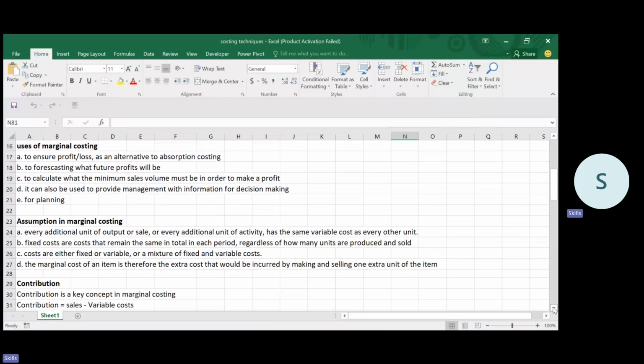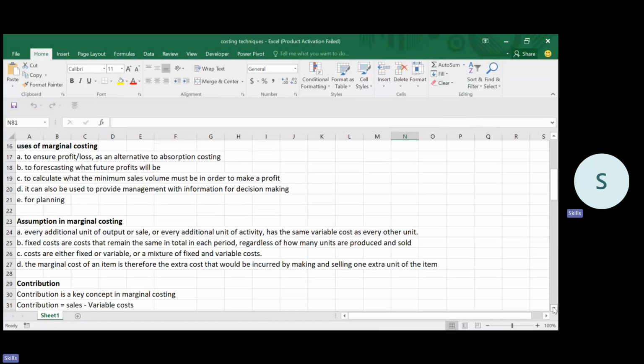Then number 4, the marginal cost of an item is the extra cost that will be incurred by making and selling one extra unit of the item. That is the marginal cost, the additional cost you incur for producing an extra unit.